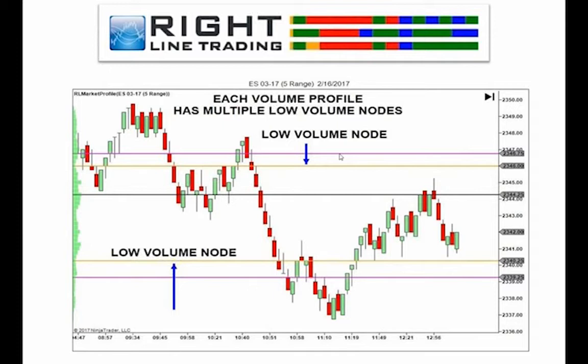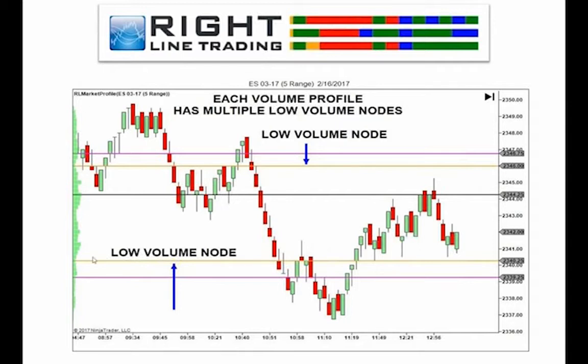So what you do is you have these forces operational on a financial instrument while you're trading it. The VAH, the value area high, and the value area low are pushing price towards the point of control because traders do not want this market to trade outside of fair market value. That's one force. The other force is price is being pushed down by the low volume node here and up by the low volume node here for a different reason.